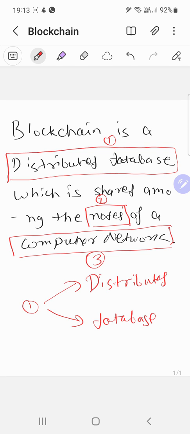And when I say database, what does a database mean? The moment you read the word database somewhere, you need to think of an organized collection of data.